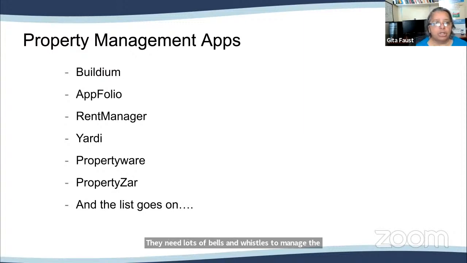So work orders, an online portal for work orders, getting the tenant screened, advertising their properties and things like that. It has nothing to do with accounting except for managing the tenants and the properties. So that's why it's very easy for them to use property management software rather than QuickBooks.